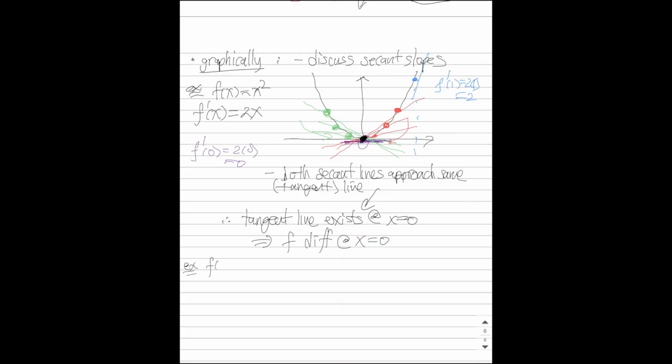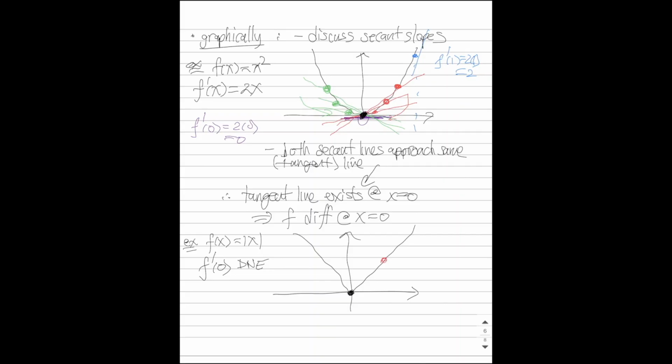Now, earlier when I gave you the function absolute value of x and I said, what's the derivative at 0? It didn't exist. If I were to take the same approach as I did above and pick a point to one side and move that point closer and closer, we had calculated the secant slopes on the right side have a value of 1. But if I go to the left side and I calculate the secant slopes, regardless of which point I pick on the left, all of the slopes want to be -1.